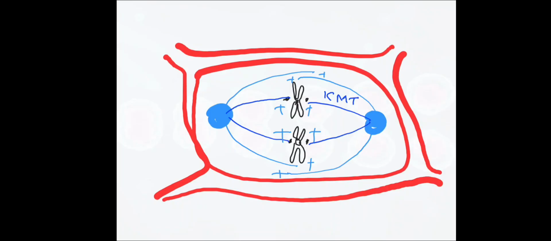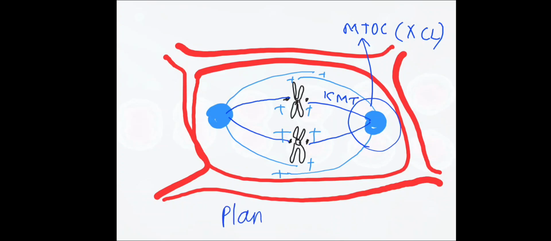This part is known as MTOC, where there is a lack of centriole. So this type of feature is present in plant cells.